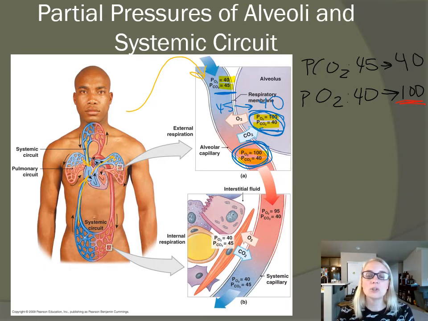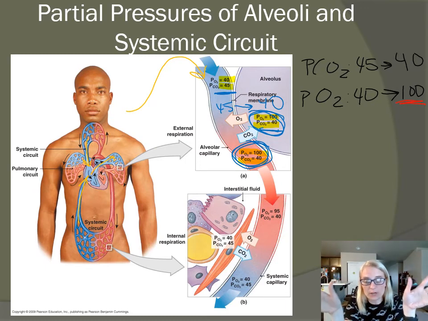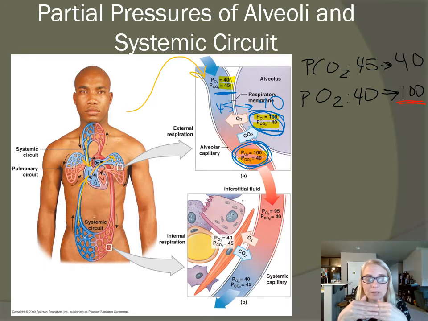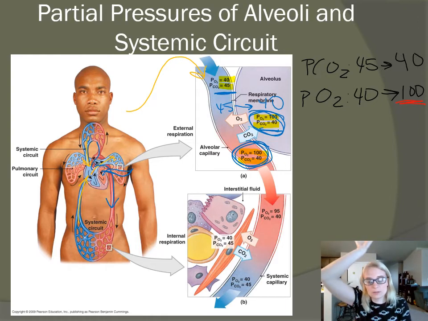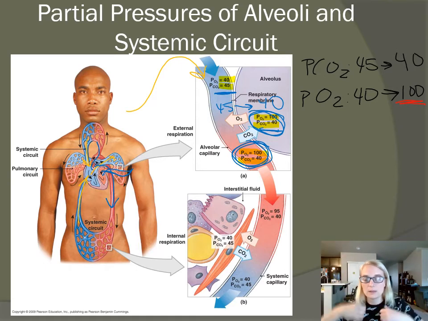All right, so that is your pulmonary capillaries, and then the blood leaves through your pulmonary veins, right? The capillaries, pulmonary veins, come back to your heart. So that's this direction over here. And then it goes out into your systemic circuit. So we're coming from your body out to your lungs. We just did that.